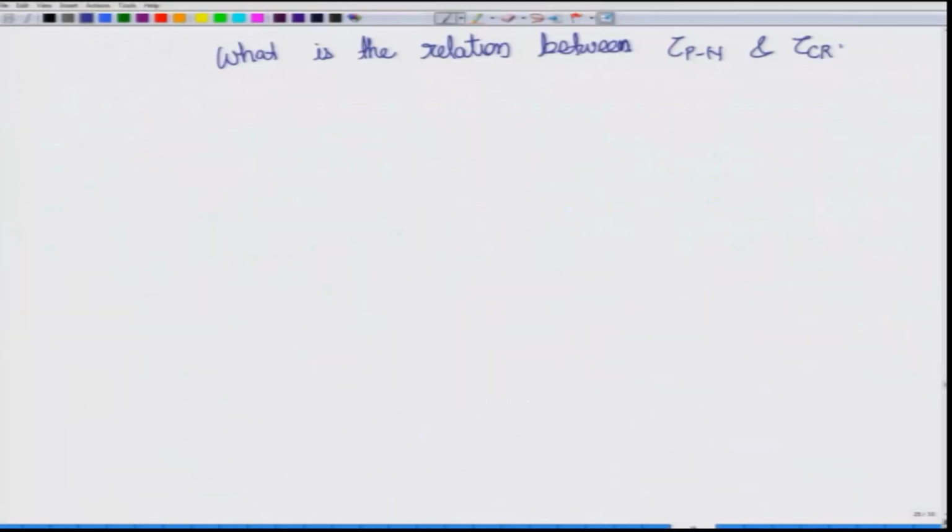It is the tau PN, the Peierls-Nabarro stress. So, what is the relation between tau PN, the Peierls-Nabarro stress, and tau CRSS?